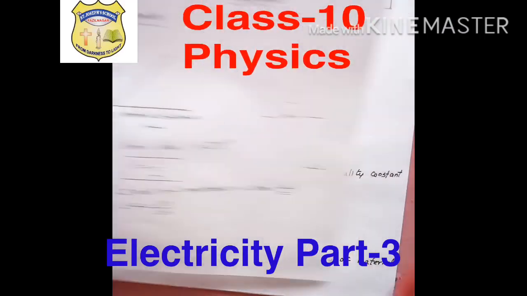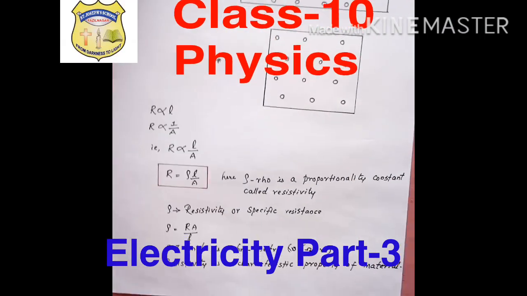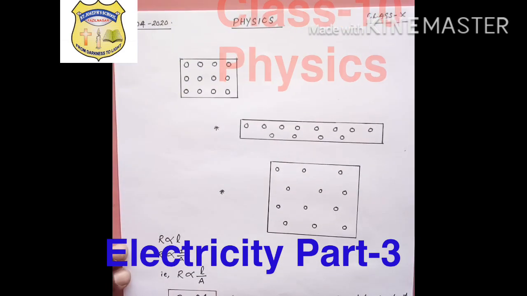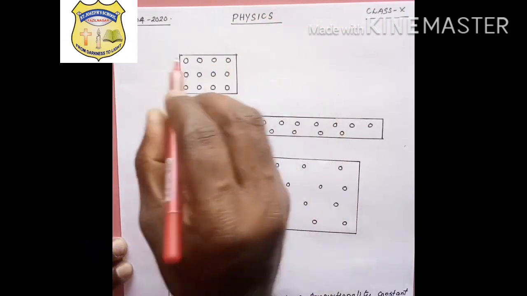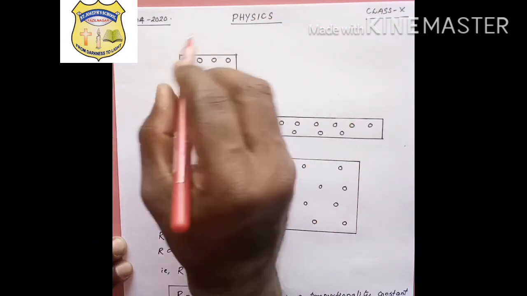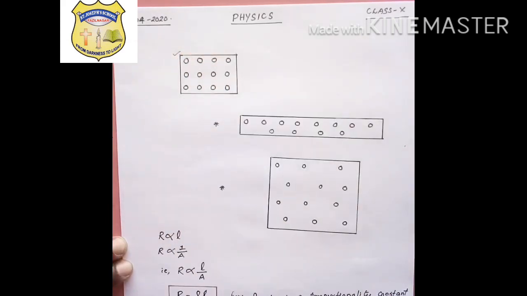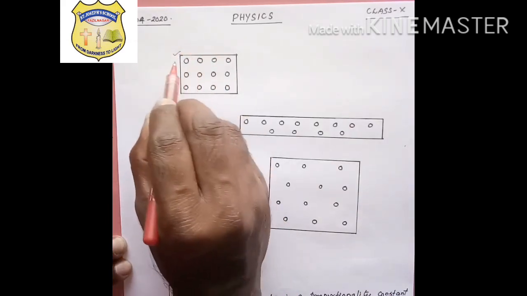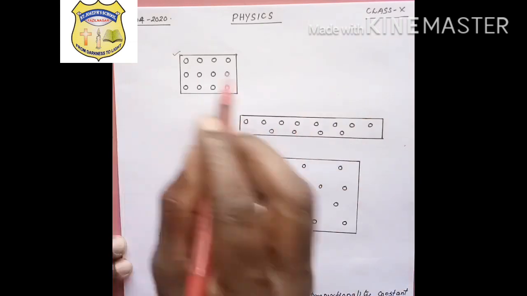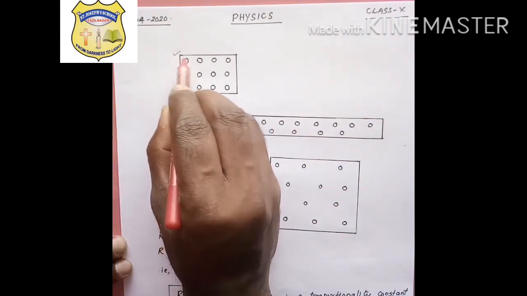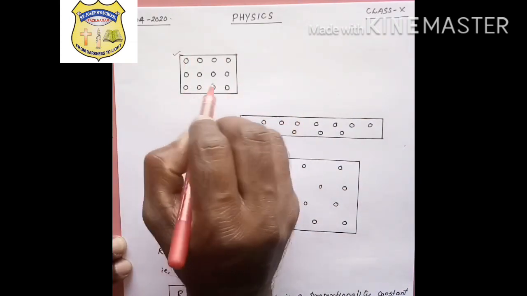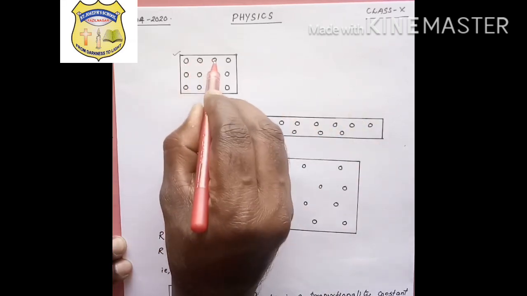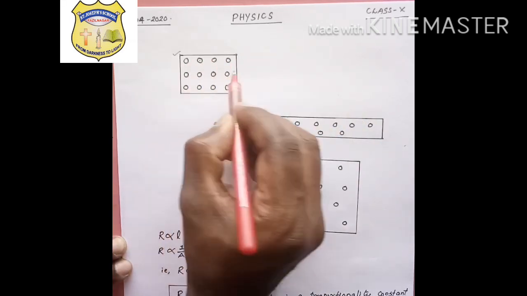Now let us discuss what are the factors on which resistance depends. Let us consider this is a conductor and these things are some resistors.